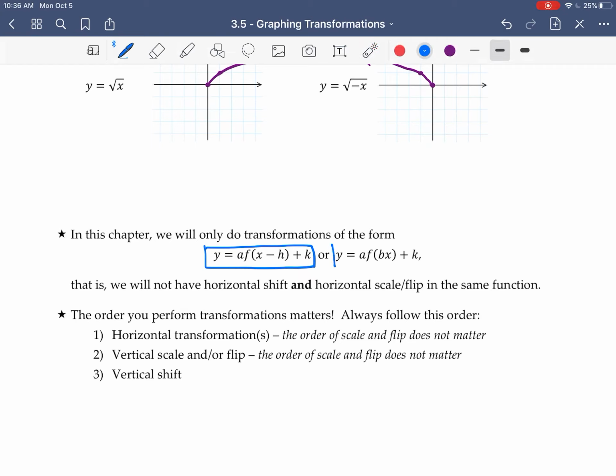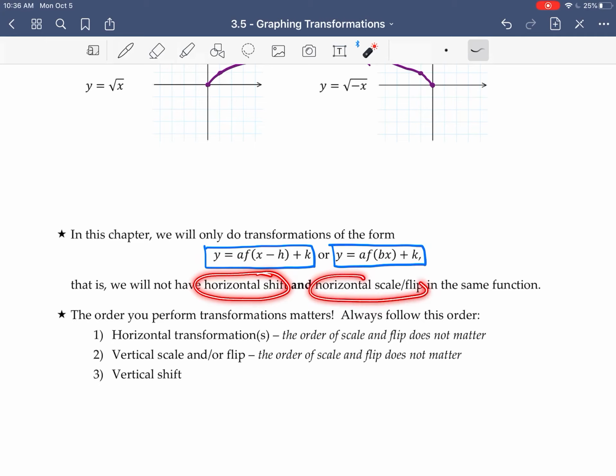And over here, we have the vertical stretch and the horizontal compression, but no horizontal movement. So we're not going to combine the horizontal shift with the horizontal scale and/or flip. We're not going to have to do two horizontal things at once.